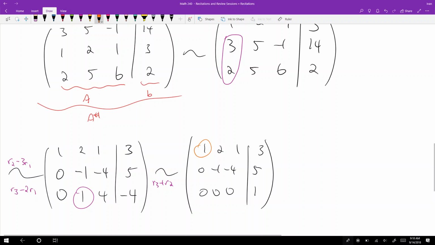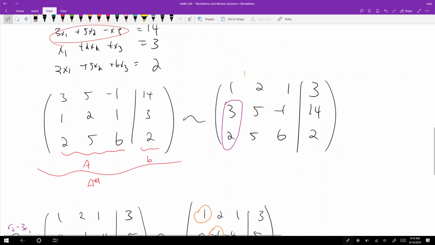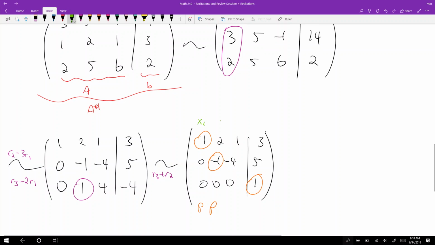Here's a pivot, here's a pivot, all right, and there's a pivot here as well, but we don't really care about that pivot because, remember, what do the columns correspond to? The variables, right? So this was x1, x2, x3. So this was the B column. Right, and well, I have a pivot in the B column, sure.